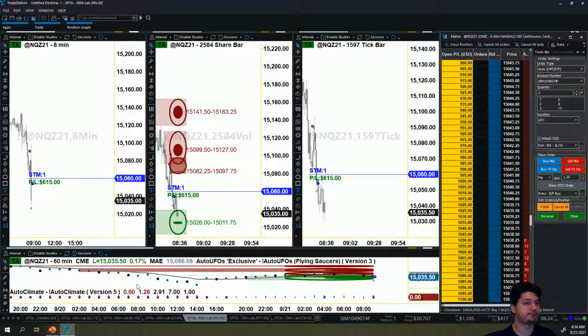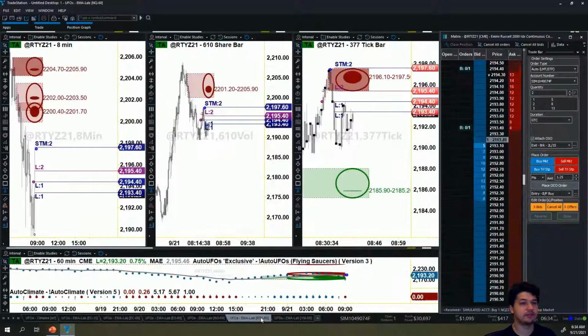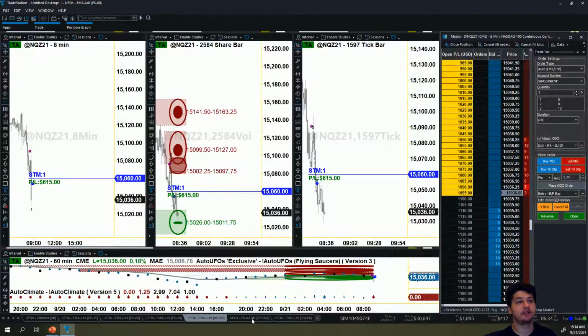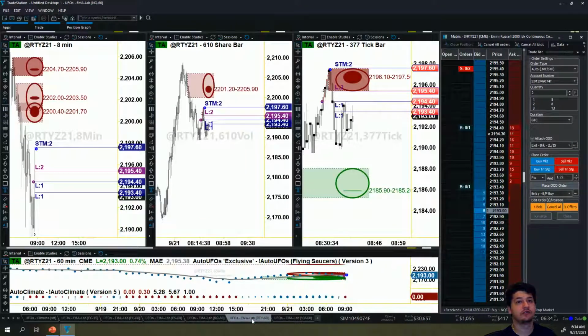So, how is the Russell doing? Is it going to give us another shot at potentially getting in on this move down? Maybe. NQ is just sinking.